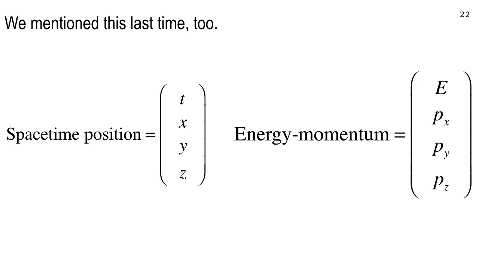So energy corresponds to time, and momentum corresponds to space. And we're going to see how the formulas that even guys a little bit after Sir Isaac Newton used all had this stuff encoded in them. They just didn't see it.